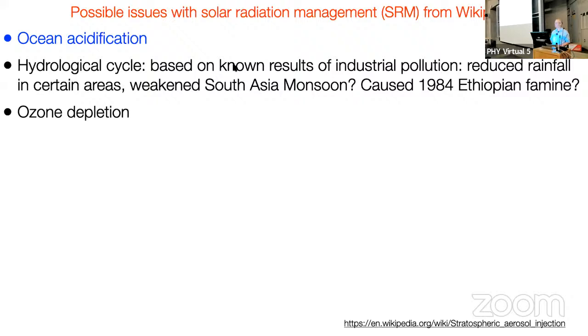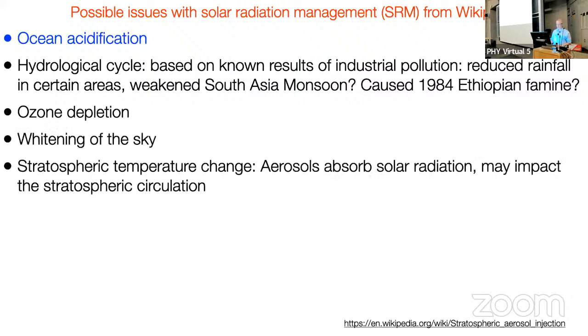Ozone depletion is something people mention, particularly for sulfate aerosols, but then people come up with other solutions. Again, the calcium carbonate or diamond dust and things like that. So maybe that will have a solution. Whitening of the sky, if you like to look at the sky, it won't look the same, but our grandchildren won't know about this because they'll be used to that. So maybe that doesn't matter.